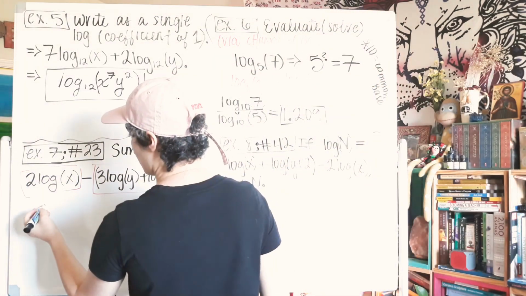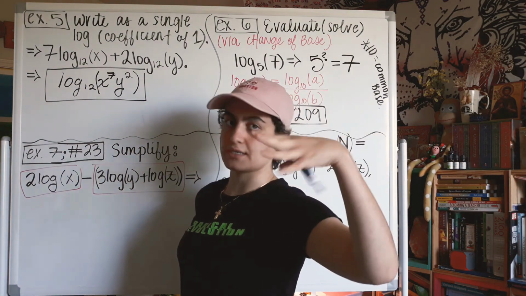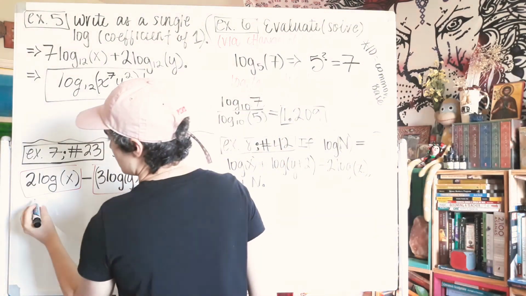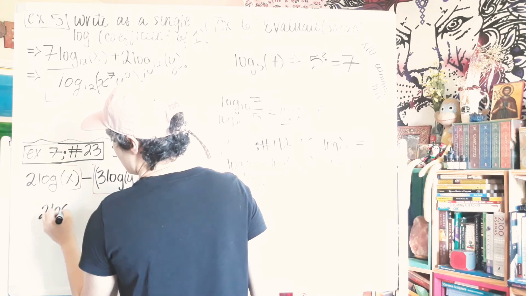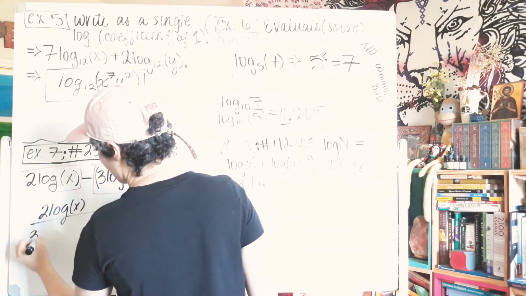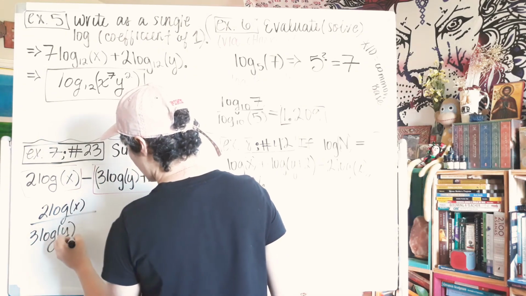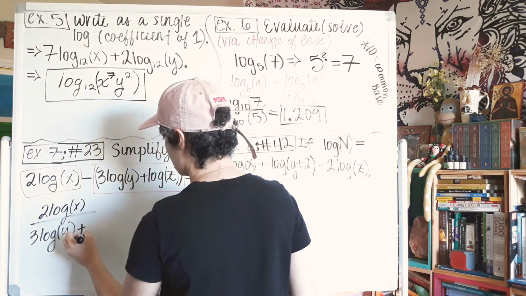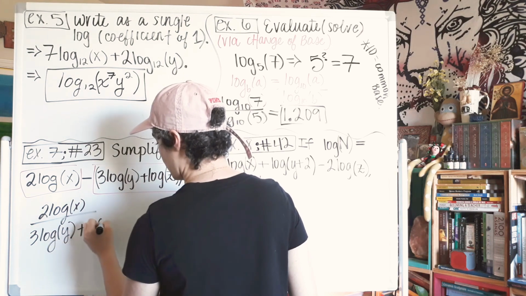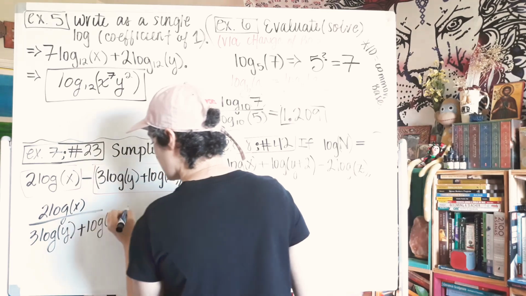Okay, so I'm going to rewrite it fully, except in the form of a fraction. So 2 log x all over 3 log y plus log, I thought there was another number there.